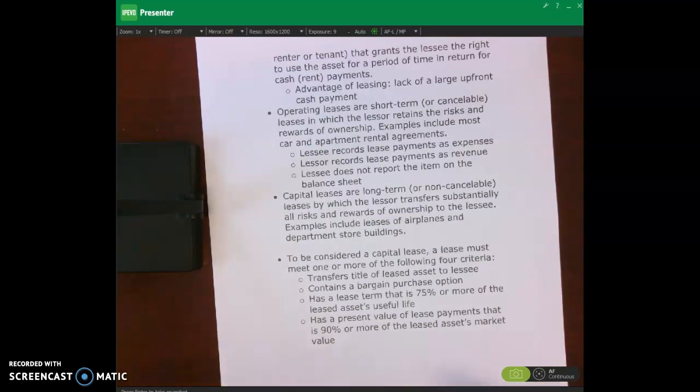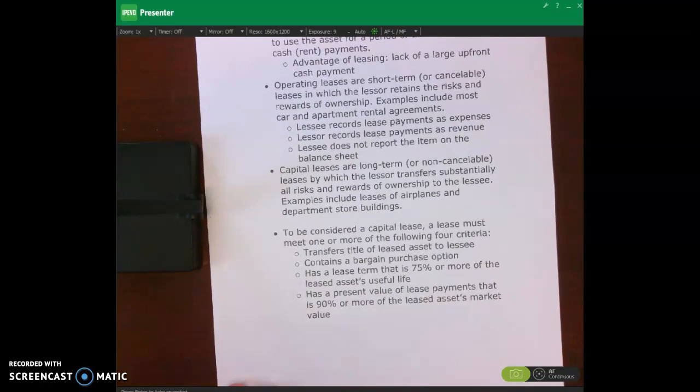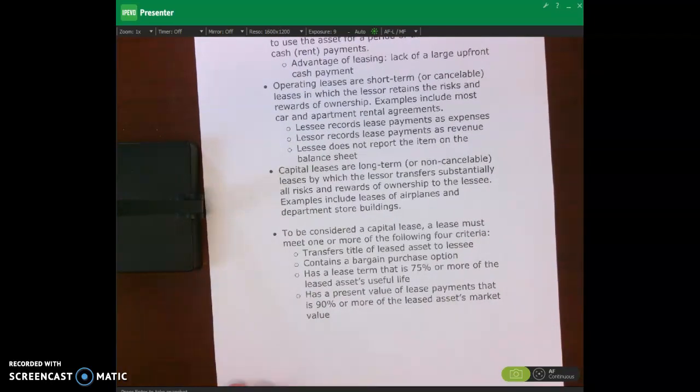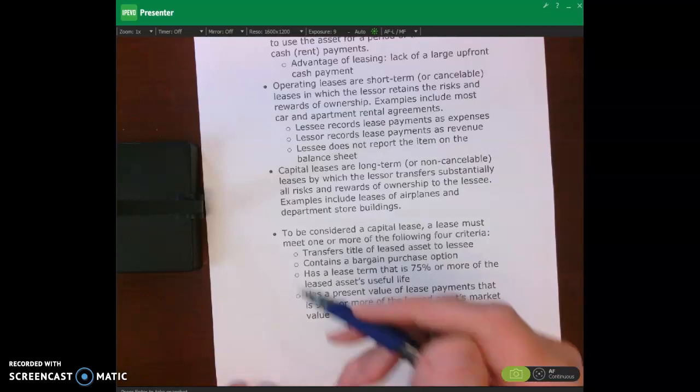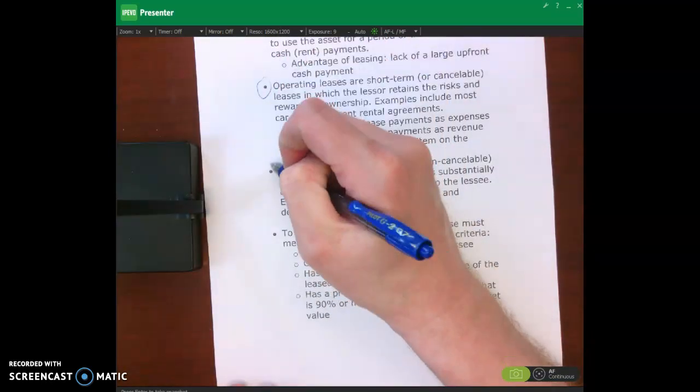To be considered a capital lease, it has to meet one of four different criteria: transfers the title to the lessee, contains a bargain purchase option, lease term that's 75% or more of the leased asset's useful life, or the present value of the lease payments is 90% or more of the leased asset's market value.